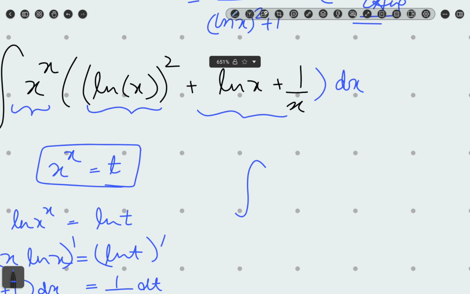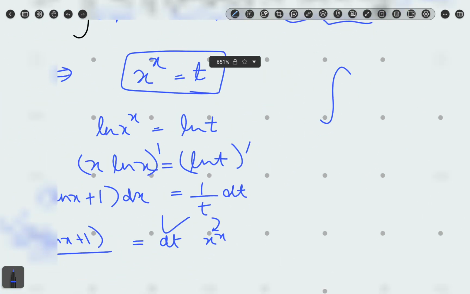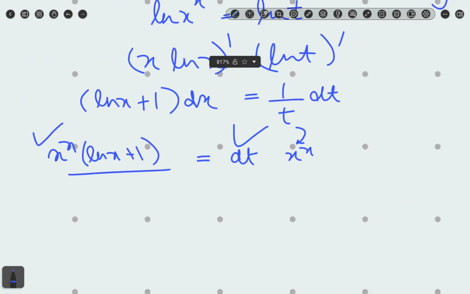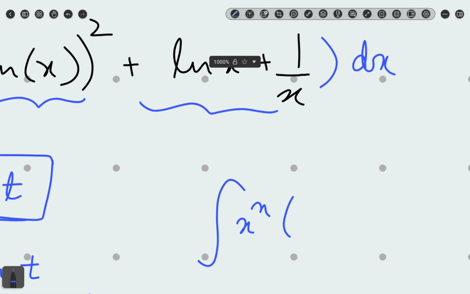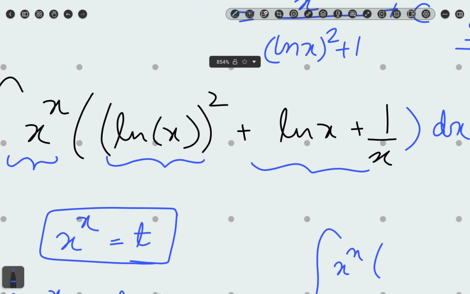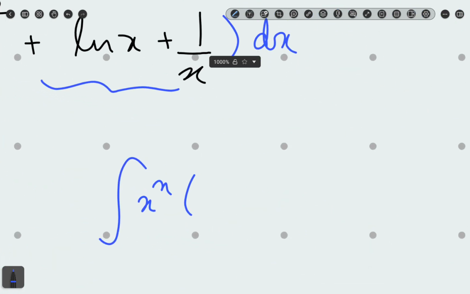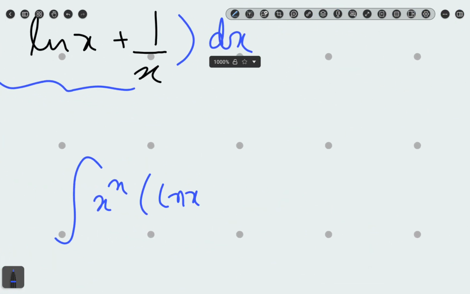right? So let's try to modify this. Our motivation to modify this is this differential we got, right? So x to the power of x, and this in fact you can say that ln of x square has no significant meaning here, right? So we can do this, right?